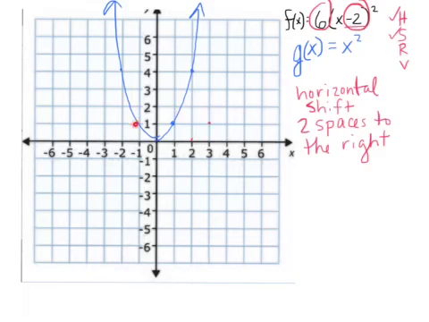And if I take this point here and move it 2 spaces over, 1, 2, it ends up where this one is. So I'll put that one there. And you can do that with all these points. And then you get your new parabola. I'll try to trace this as best I can. So that is our first shift, or first transformation rather, and it's our horizontal shift to the right.